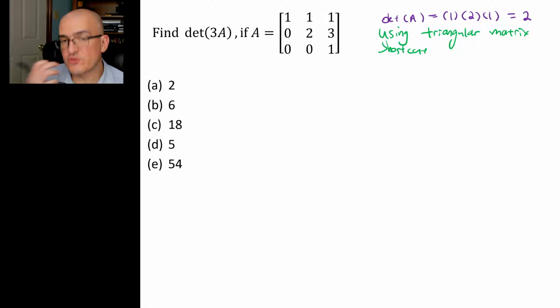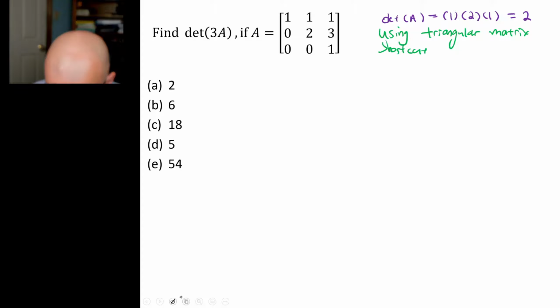So for a triangular matrix, the determinant is the product of the terms along the main diagonal, just like for a diagonal matrix. So you might think determinant of 3A, is that 6? Do I just multiply the 3 and the 2 together? But let's construct the matrix and do this carefully.